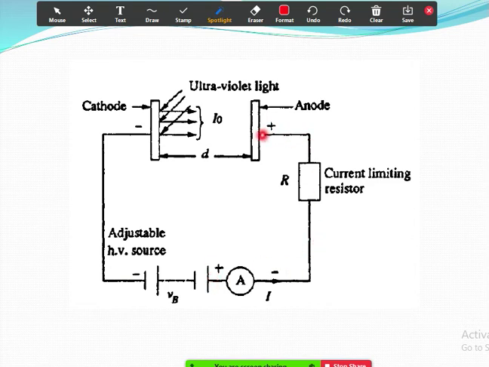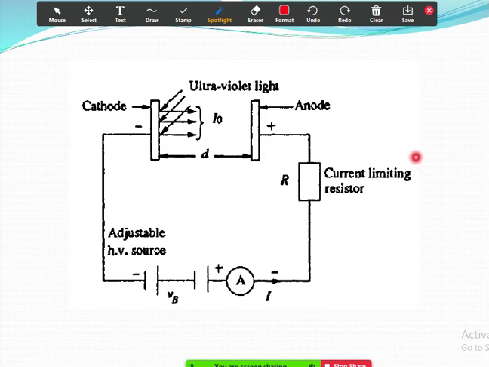So obviously this anode will be positively charged and this cathode negatively charged, and in between the two plates there is gas, and the two plates are separated by distance d.